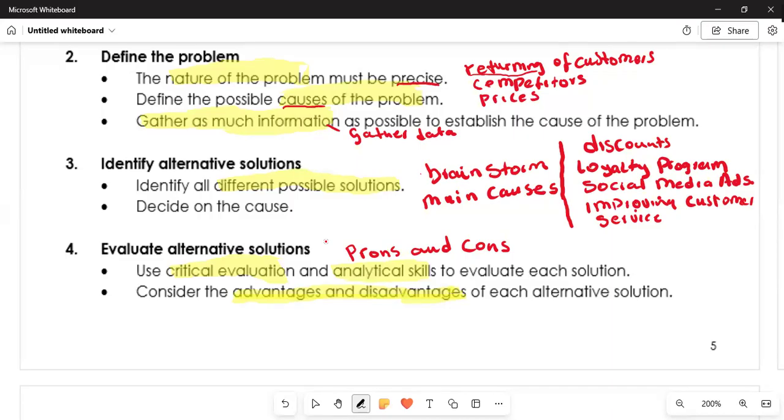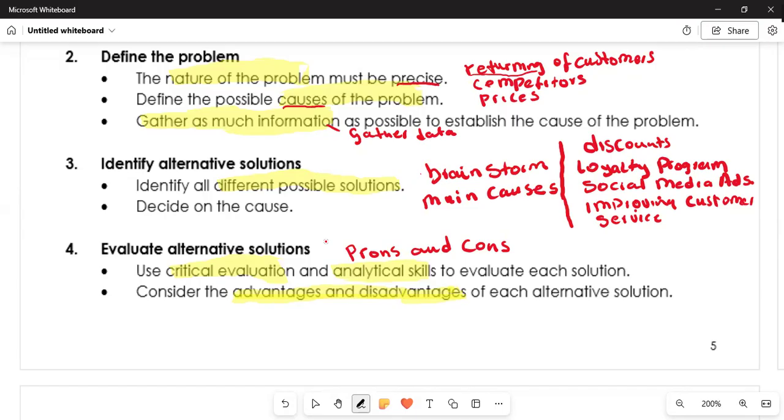So we can make this clear with practical examples. This is where the manager is going to compare each idea. We have the idea of offering discounts. So we're going to analyze the discounts and say, okay, discounts may bring quick sales, but they are going to reduce our profit.